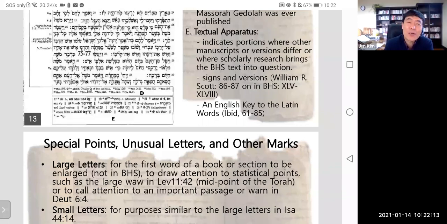All right, thank you for the question. Unfortunately, when Masoretic scholars were copying, they were simply dependent on the available manuscripts and versions, so it's not always the same. They wanted to prevent mistakes in the process of copying.